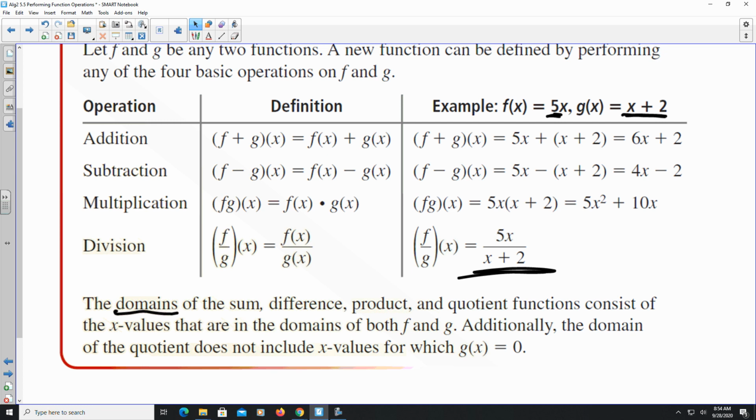So x could not be negative 2, because negative 2 plus 2 is 0 and you can't divide by 0. That would be something for your domain that you would want to take a look at.